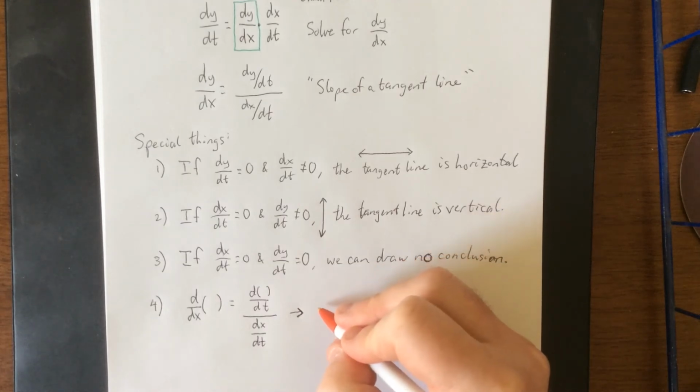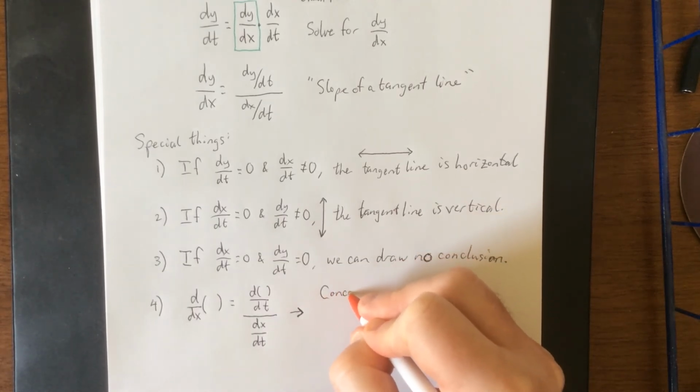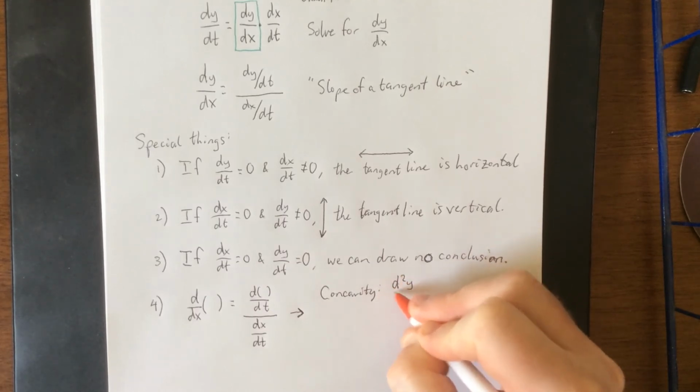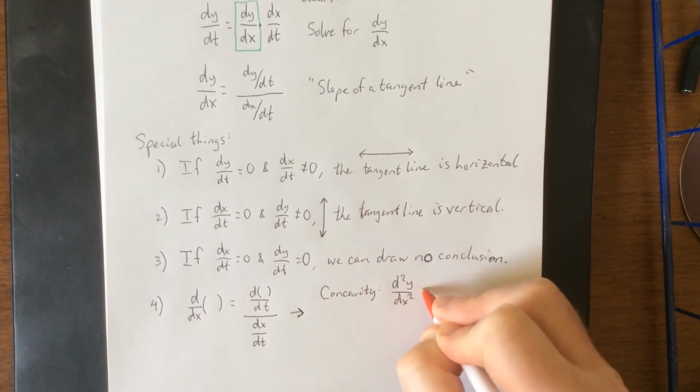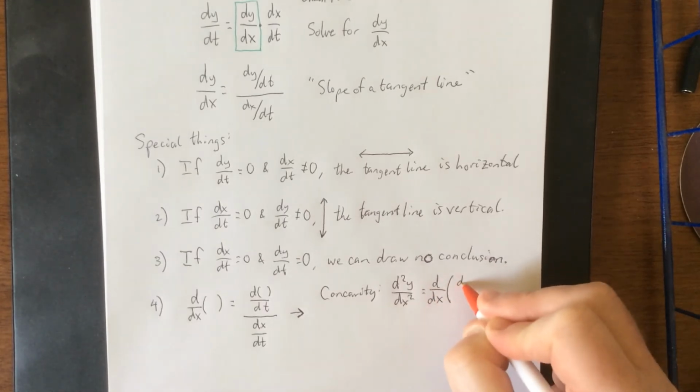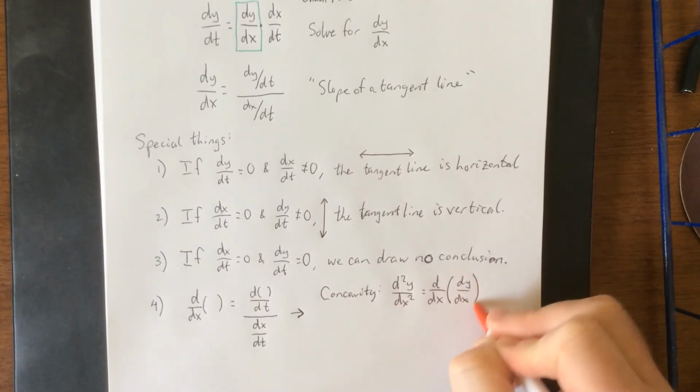A second derivative for concavity. Concavity is defined as d squared y over dx squared. But really that's just a fancy way of saying take the derivative with respect to x of dy over dx.